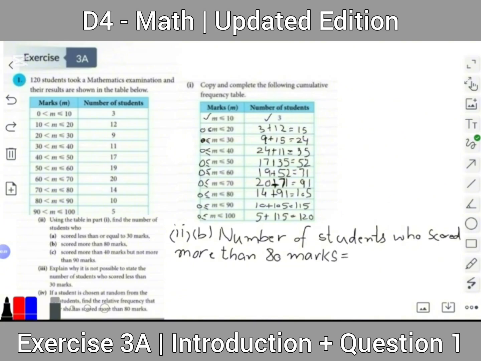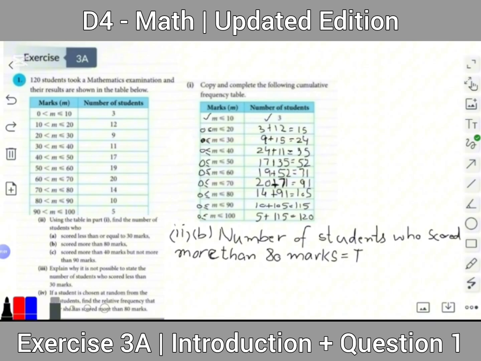So for this, what will we do? We will subtract the number of students who scored less than or equal to 80 marks from the total number of students.